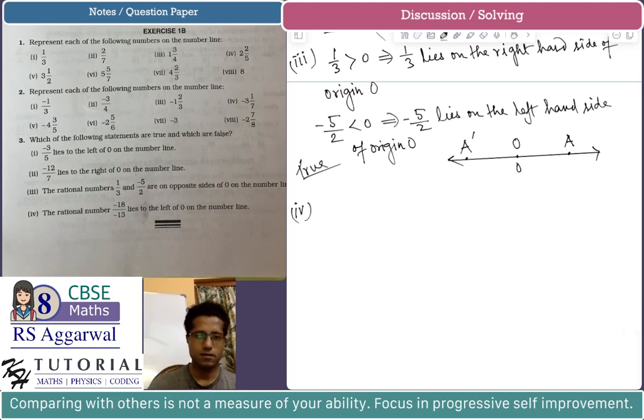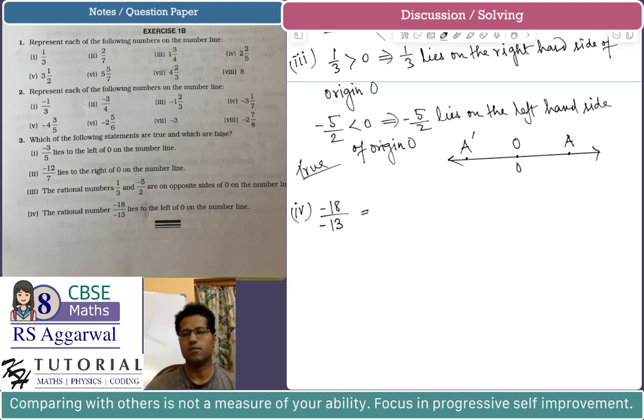Part 4. The rational number minus 18 by minus 13 lies to the left of 0 on the number line. Now, whenever you deal with any rational number, you always first convert it into standard form. So minus 18 by minus 13 is not in standard form, as the denominator is negative.